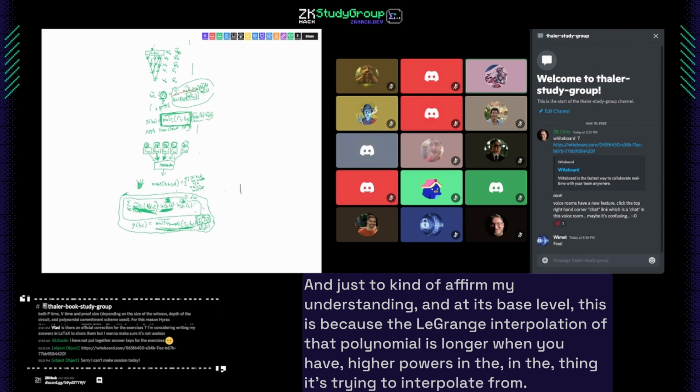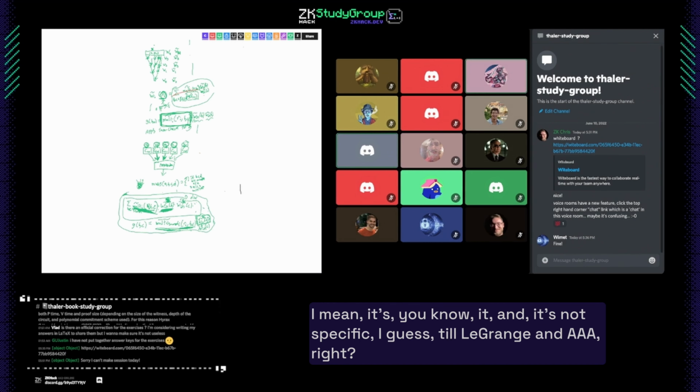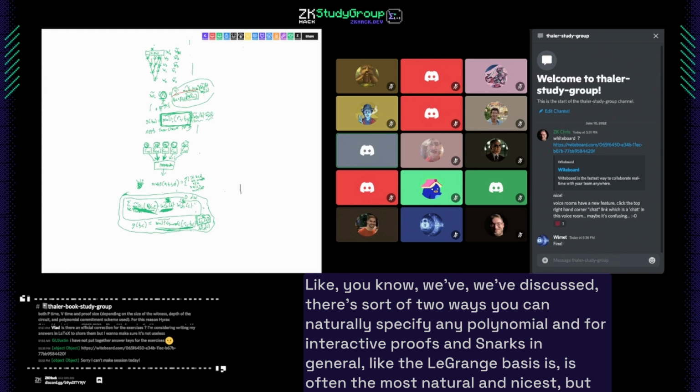I think so. And just to affirm my understanding, at its base level, this is because the Lagrange interpolation of that polynomial is longer when you have higher powers in the thing it's trying to interpolate from. Is that fair? Yeah. I mean, it's not specific to Lagrange interpolation, right? We've discussed there's 2 ways you can naturally specify any polynomial.